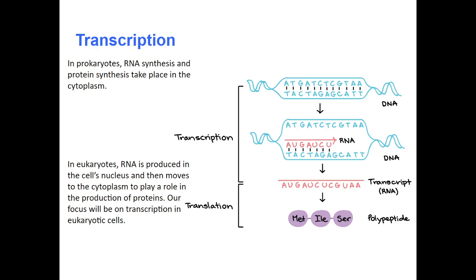This process happens in prokaryotes, but it's not that complex. And they use the RNA, but it doesn't have to travel out of the nucleus because prokaryotes don't have a nucleus. But eukaryotes do, and so this process involves making the copy and then moving it out of the nucleus.